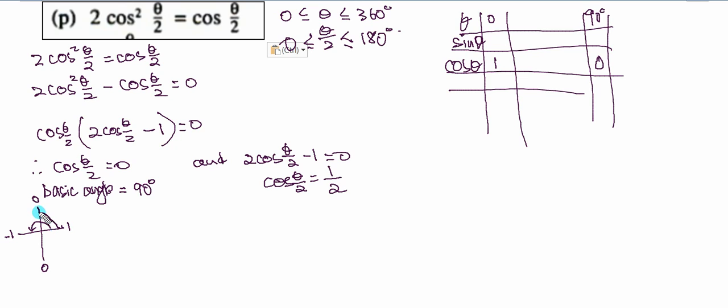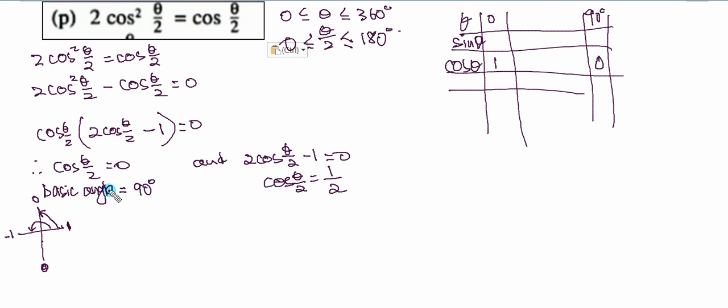This one is cosine 90. This will give you cosine 90 is equal to 0. The value here is 0. Okay. So cosine 180 is -1. Cosine 270 until here, the value is 0. Okay. Then cosine 360 back to here is equal to 1 again.